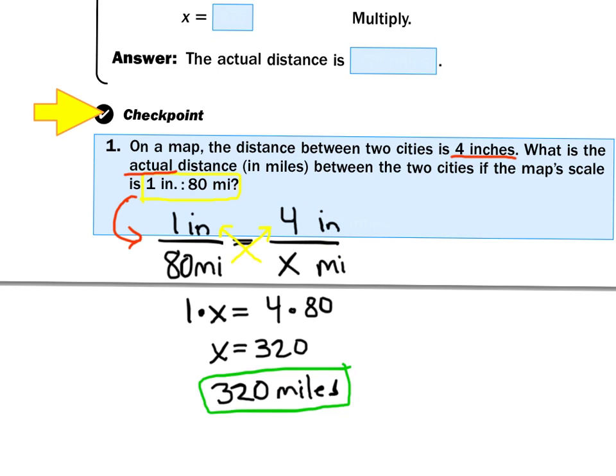And so I know the 4 inches is going to go on top, and the x is, I don't know the miles, and then I just did cross products. So x times 1 gave me 1x, and 80 times 4, I wrote down here, and so then x equals 320. So the cities are 320 miles apart.